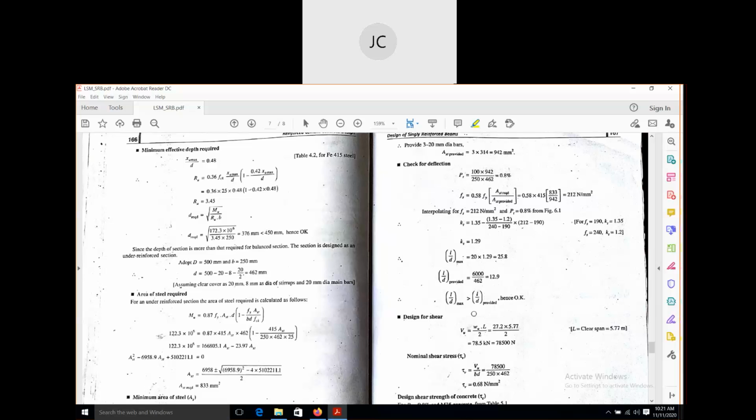Okay. Now, based on this problem, okay, wait, I will share the PDF with you, then it will be better. I will share the PDF with you in the group.